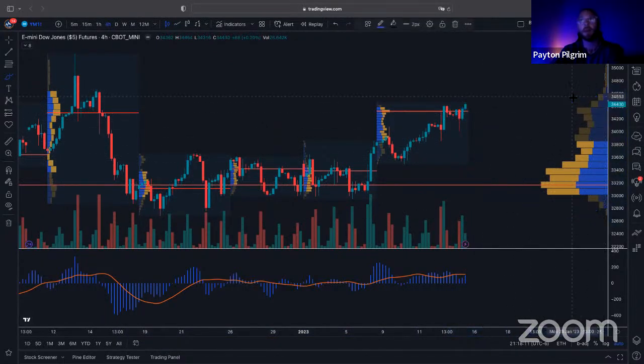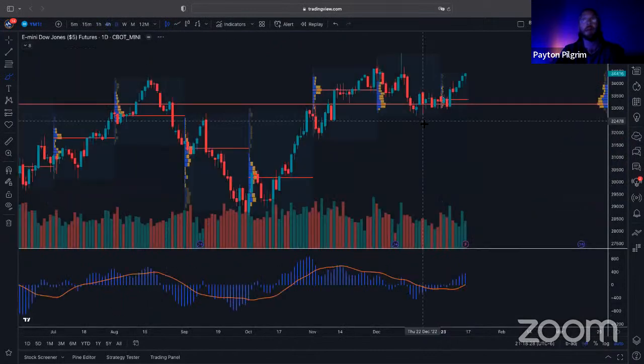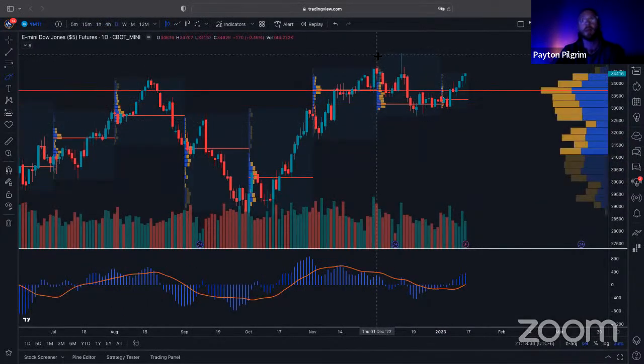This area is going to give you whatever is on the screen, so all the way to Thursday, the 8th, December 2022. This is preset by month. If I go to the daily, it's going to give me the monthly on the daily, and 4 hours giving me the weekly.